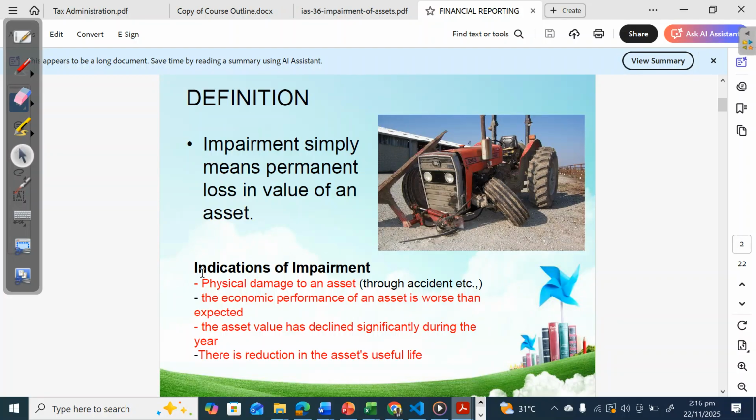Okay, so these are signs of impairment. So when you see these signs, then you go ahead to perform an impairment test on the asset to determine what we call the recoverable amount.